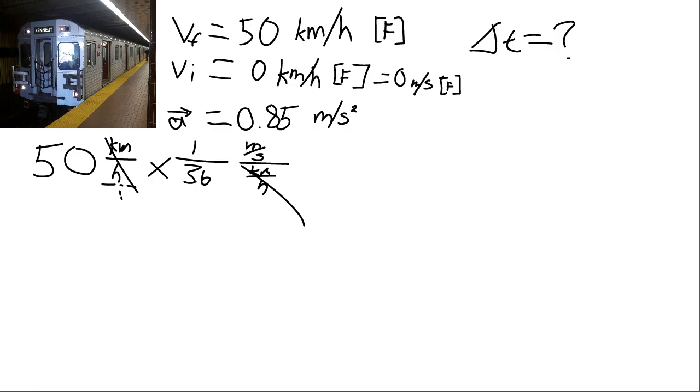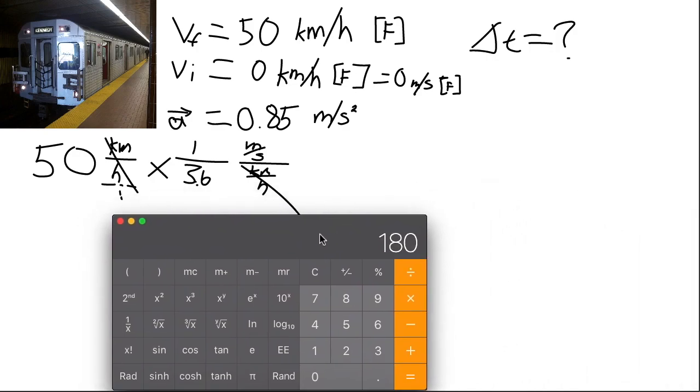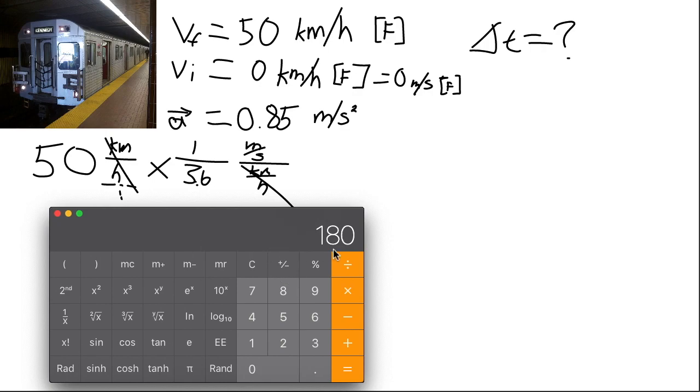Then all we need to do now is to take out our handy dandy calculator and calculate. 50 divided by 3.6 is the same thing as multiplying by 1 over 3.6.